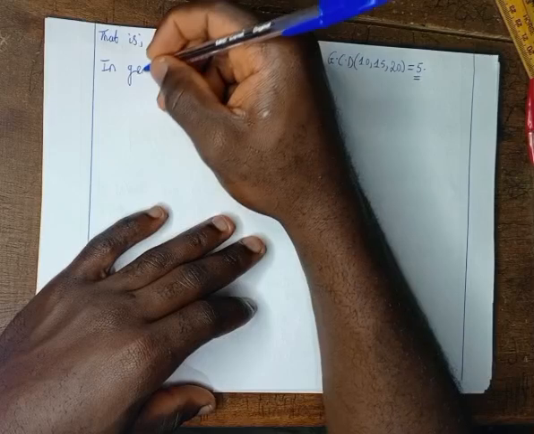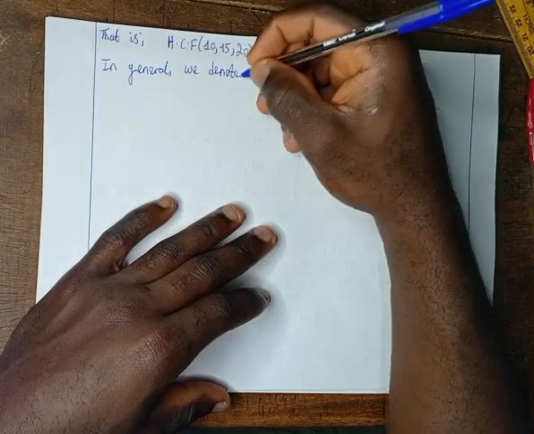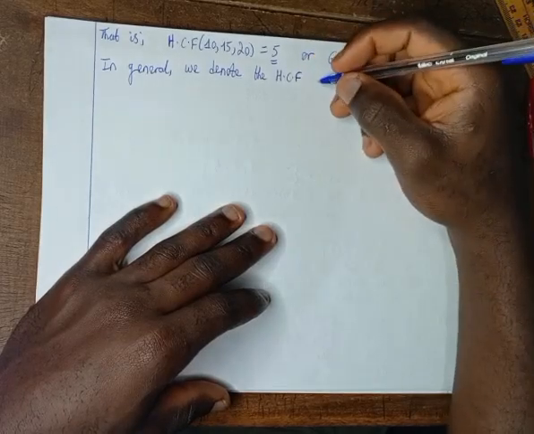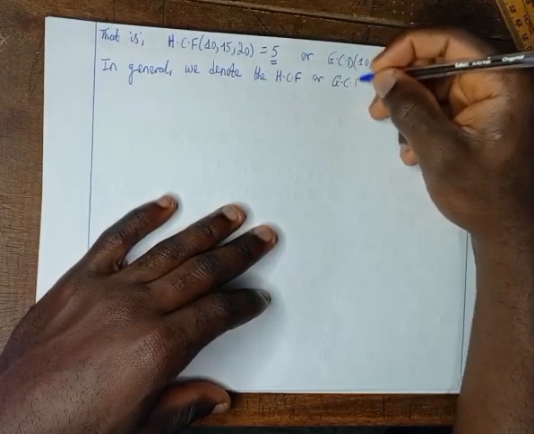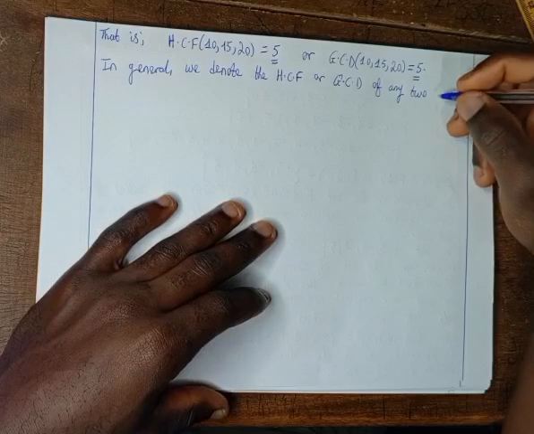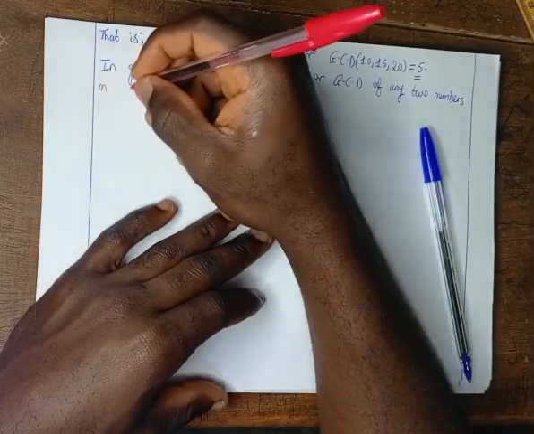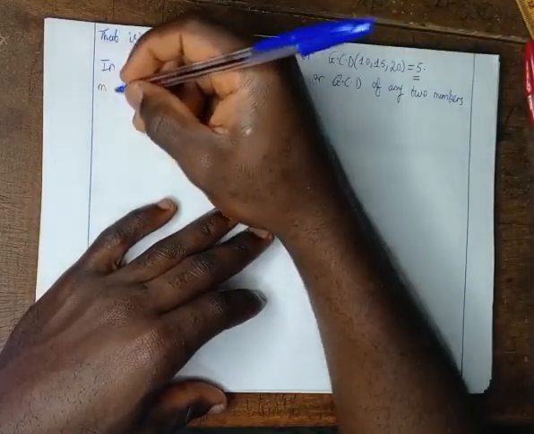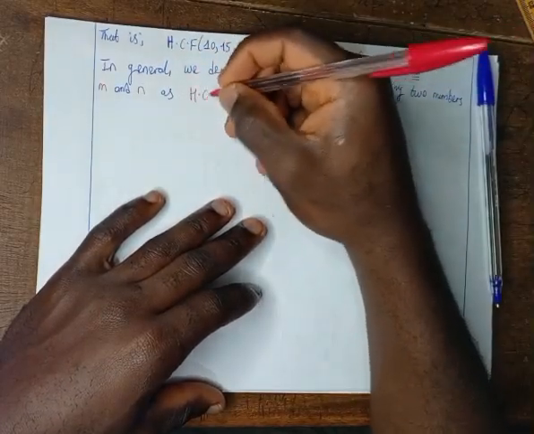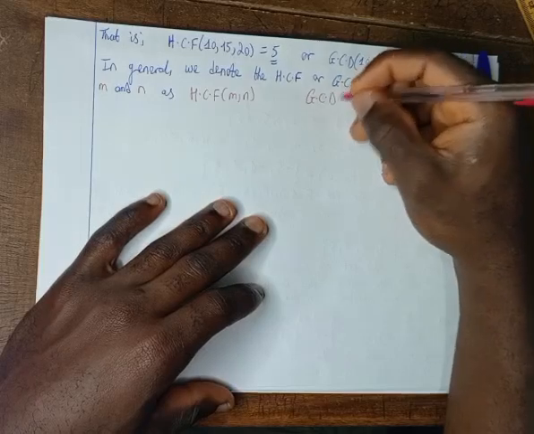In general, we denote the H.C.F, the highest common factor, or the greatest common divisor of any two numbers m and n, as H.C.F of m, n, or we denote it as GCD of m and n.